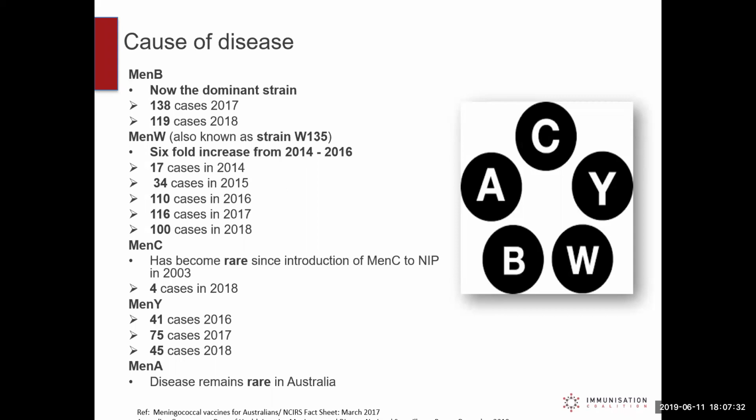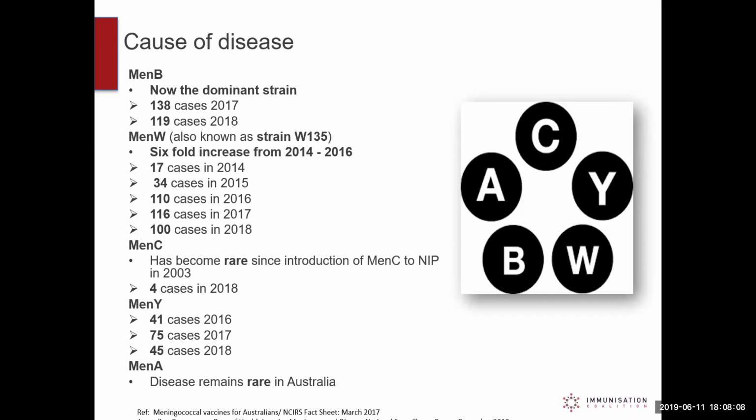There have been 3 cases reported in Northern Territory, 17 in Queensland, 10 of them being serogroup B, 4 serogroup Y and 2 serogroup W. 9 in South Australia, 6 of them being serogroup B, 2 Ws and 1 Y. A couple of cases in Tasmania, 13 in Victoria, 6 of those being serogroup B, 1 C, 12 were W and 2 were Y, and 10 in Western Australia.